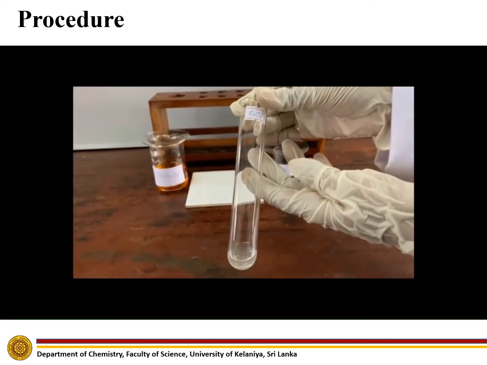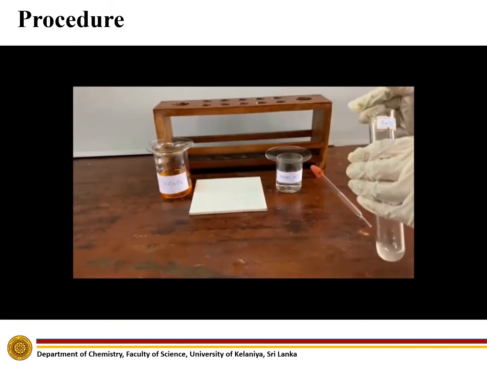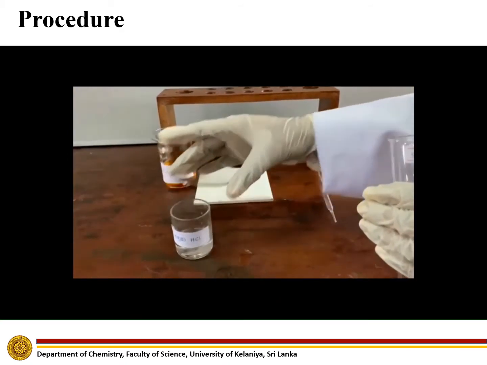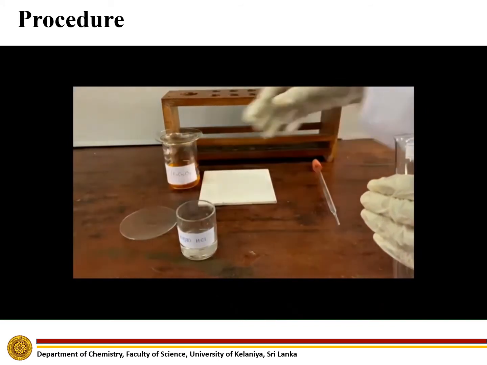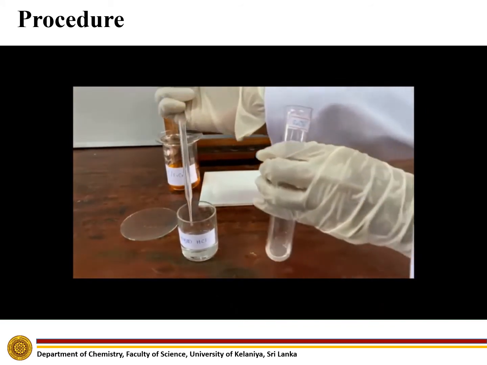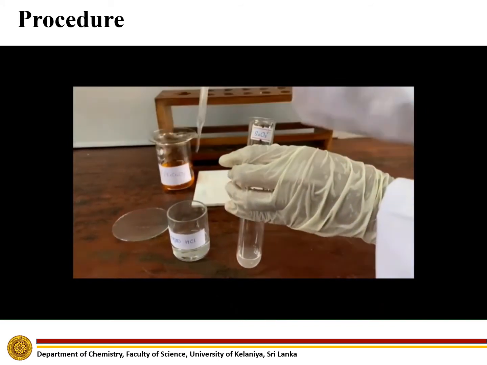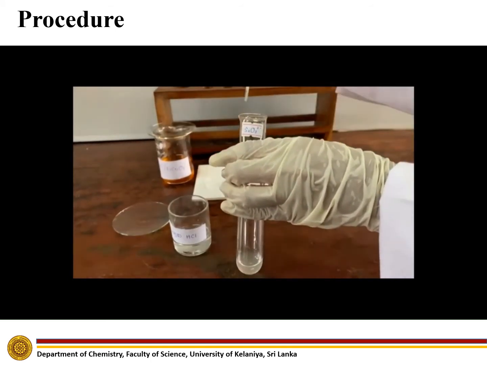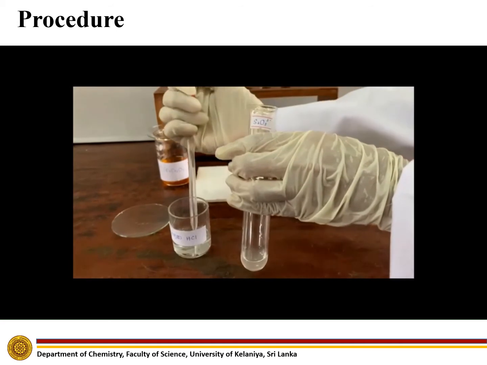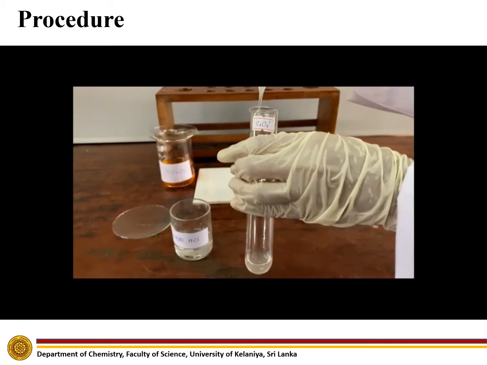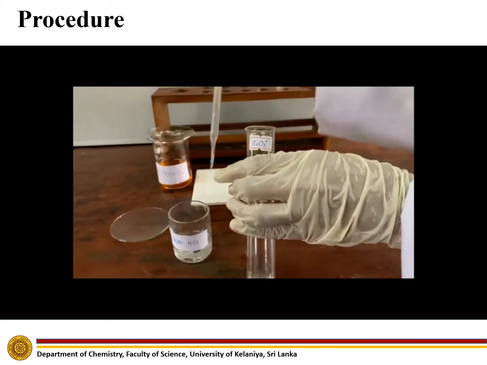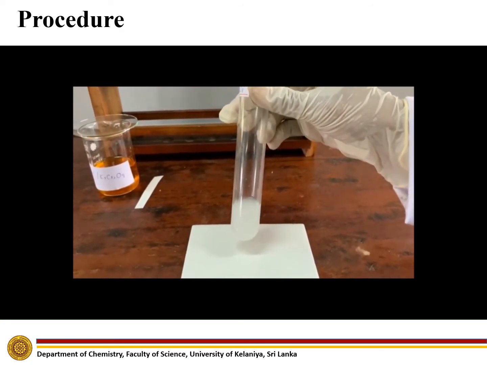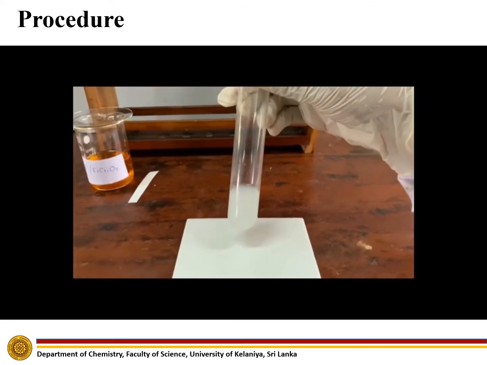Procedure. You have been given a thiosulfate solution. Add a few drops of dilute hydrochloric acid solution. A gas evolves and after some time a yellow-white precipitate is observed.